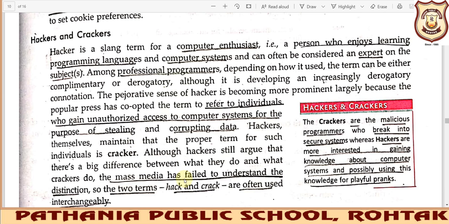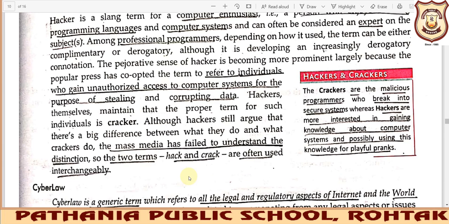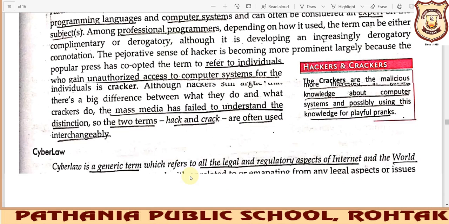Hackers do not use that information to harm you. Both are taking your personal information out, but hackers will not use it to harm you, whereas crackers will use your information to harm you. Their approach is almost the same, which is why hackers and crackers are sometimes used interchangeably.